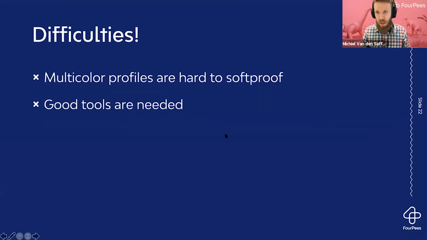What are some difficulties? Well, software isn't really ready for 7-color processes. If you're designing in your Adobe suite, Adobe isn't really capable of properly handling the display of a 7-color profile. Does that mean you can't have one? No, you can have multicolor profiles in your Adobe suite. So you can have your objects in your InDesign.